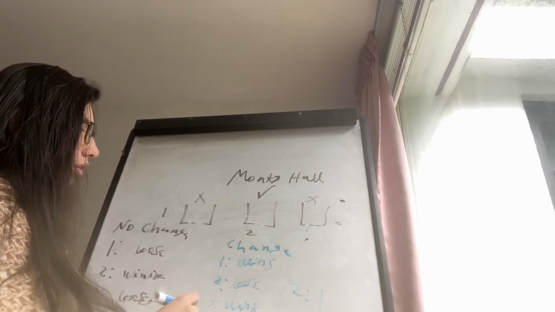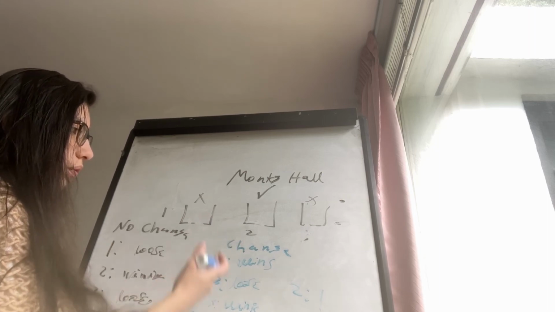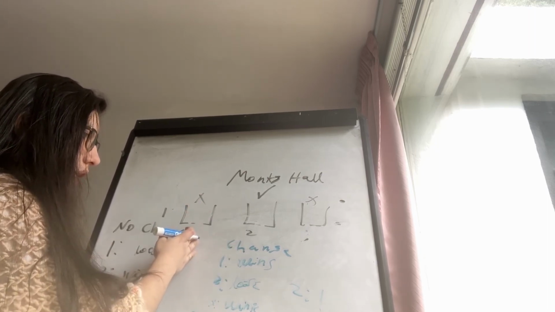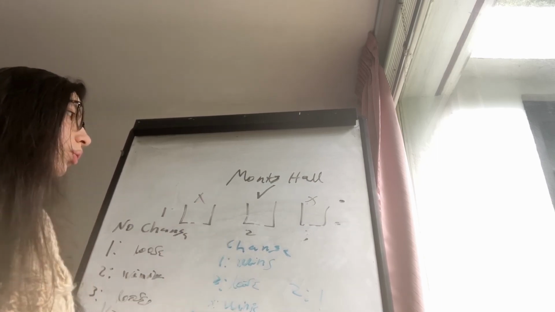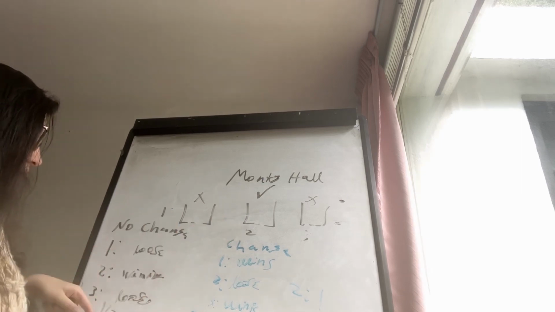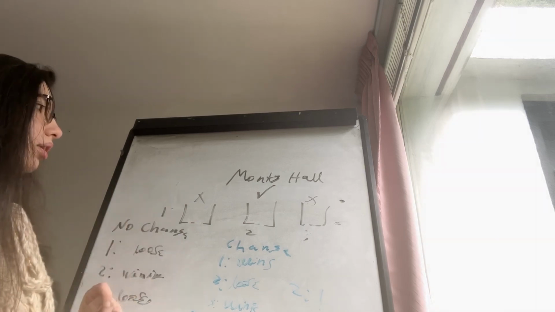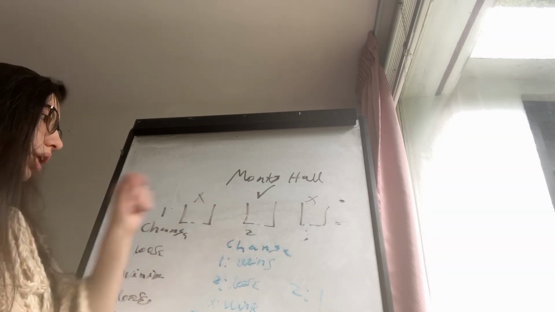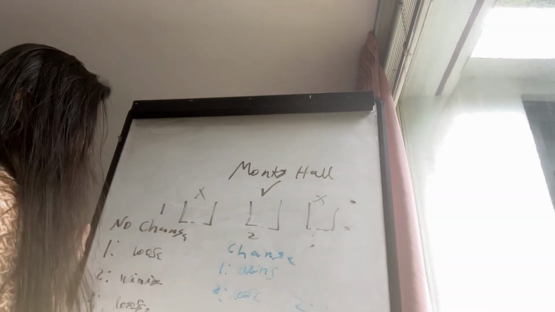If we select the wrong box at the beginning, we will change, and when we change, we are changing to the correct box. In here, the probability of winning is that we select the correct box at the beginning. So here the probability of winning is 1/3. So it's 1/3 compared to 2/3.